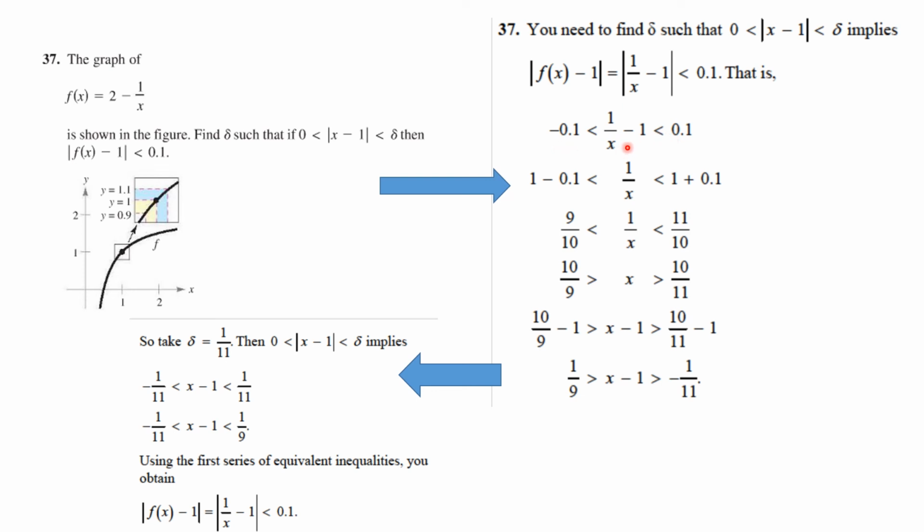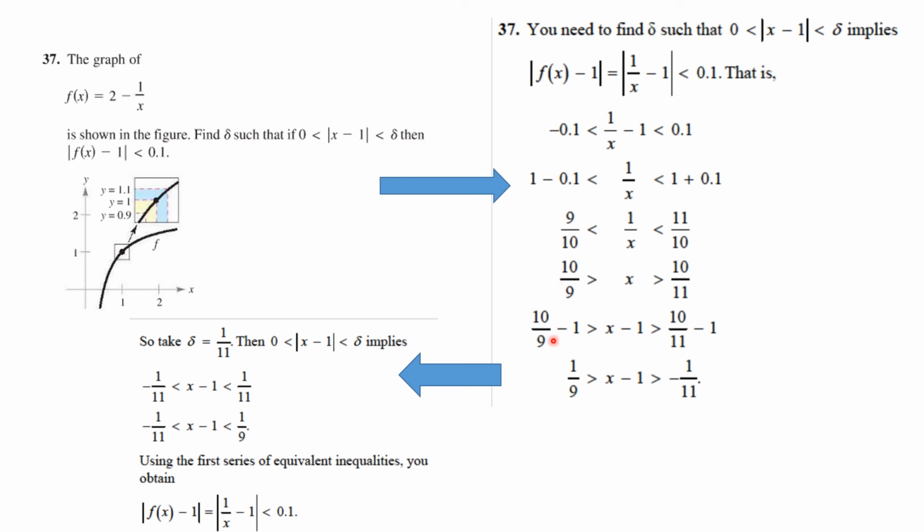And if I add 1 everywhere, I will get that 1 over x in the middle is between this number and this number. Now I can turn all these things upside down because I really want to know about x minus 1. So if I turn them upside down, the inequalities change. So x is bigger than 10 over 11 and less than 10 over 9.